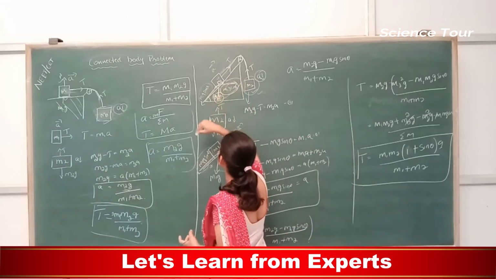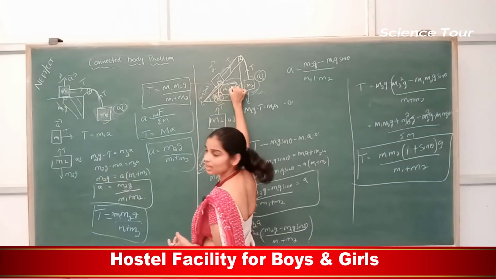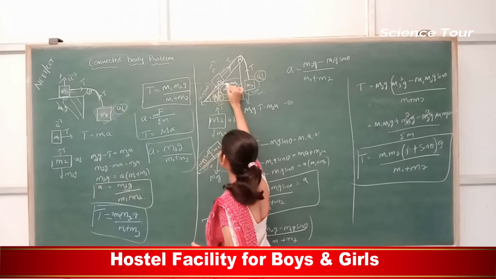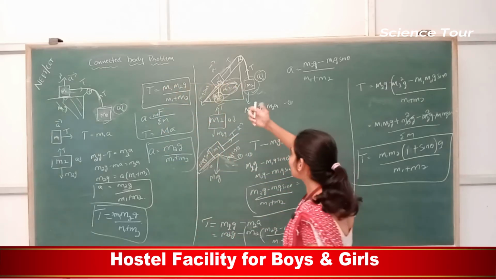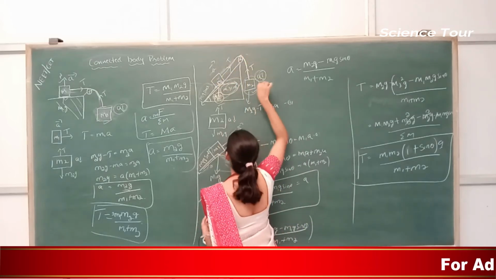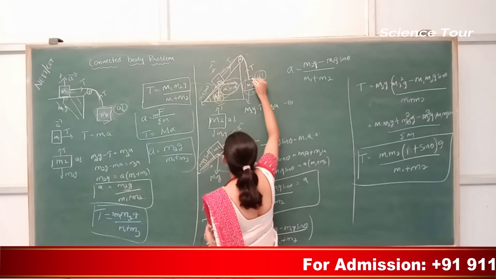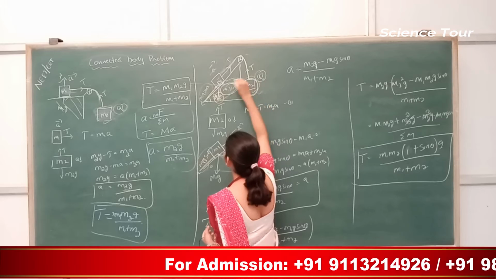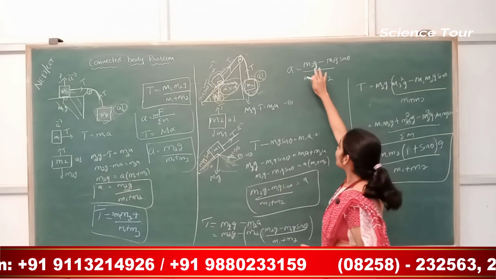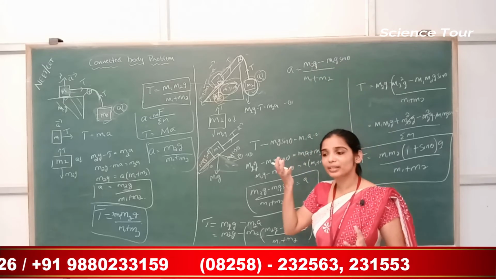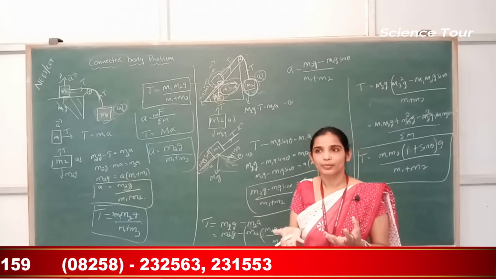If this force were responsible, then the body would have accelerated along the horizontal direction. But now it is accelerating in a vertical direction. The forces responsible for acceleration are the weight of m2 and the component of m1's weight. So the weight of m2 minus that component of m1 is responsible.